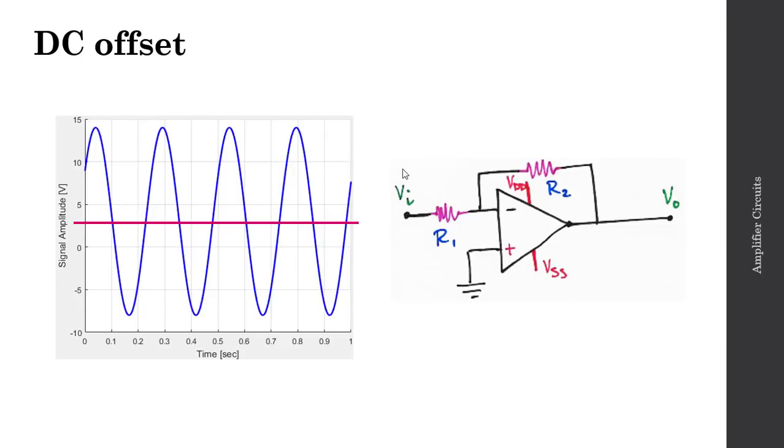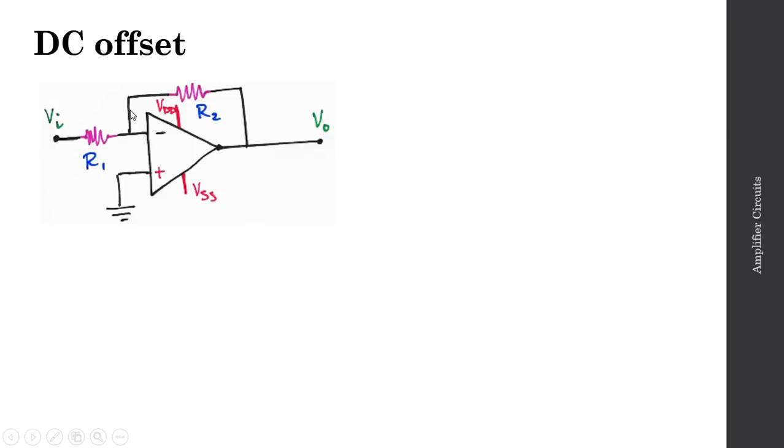And so what I really want to do is remove that DC offset. I really want to get this DC offset, this average signal line, down around 0 volts. And a great way to get rid of this DC offset is to take a look at this virtual ground. So instead of putting ground here connected to the non-inverting input of my op-amp, I could put any voltage there, right?